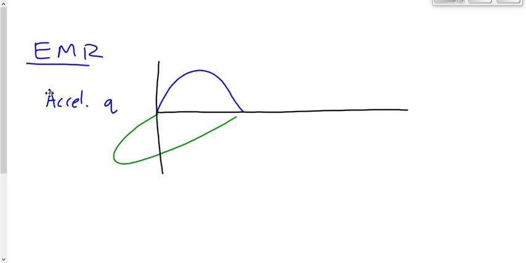Well, if I identify this as electric field number 1 and this as magnetic field number 1, in order to get electromagnetic radiation, electric field number 1 has to produce magnetic field number 2. And magnetic field number 1 has to produce electric field number 2.